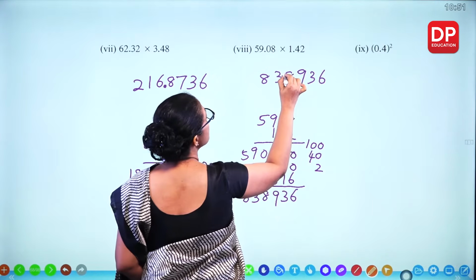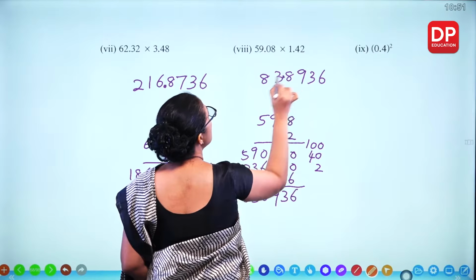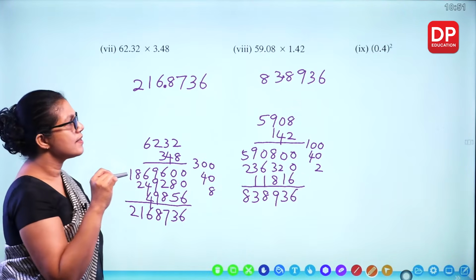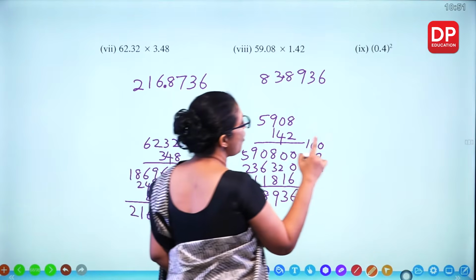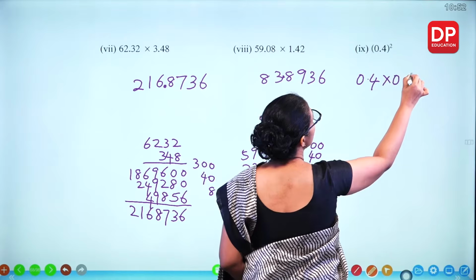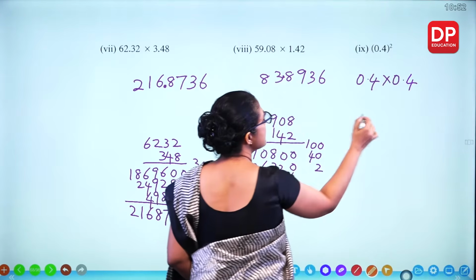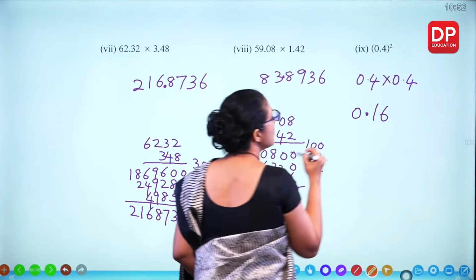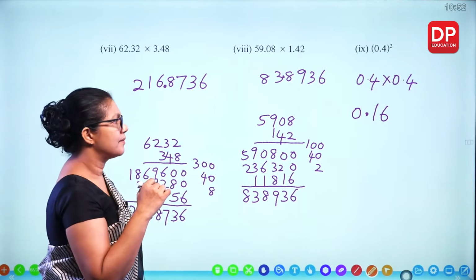Altogether 4 places you have to keep for the decimal after the decimal point, 83.8936. This is 0.4 times 0.4. 4 times 4, 16. Keep 2 places, so 0.16 is the answer.